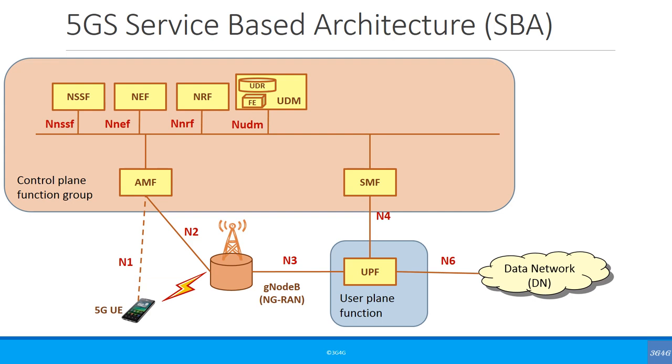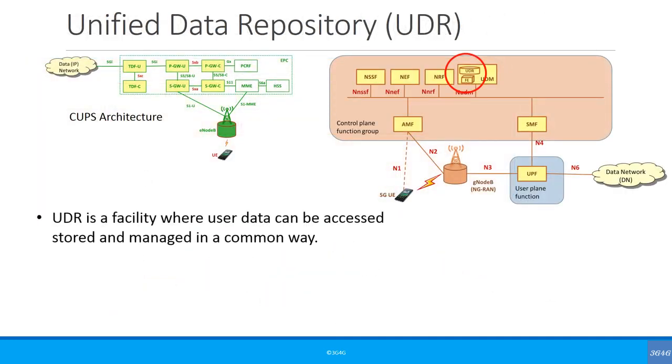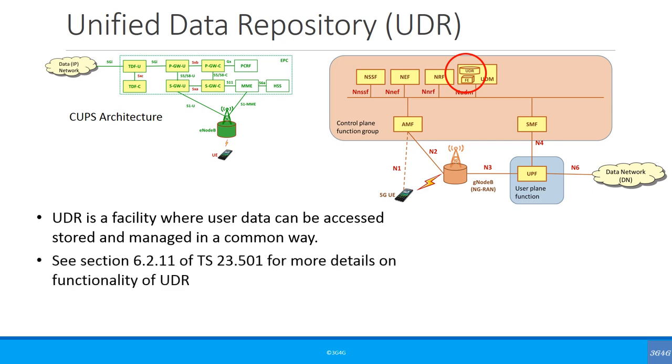Okay, so now let's look at the Unified Data Repository, UDR. So UDR is a facility where user data can be accessed, stored, and managed in a common way. Section 6.2.11 of 23.501 has more details on UDR.